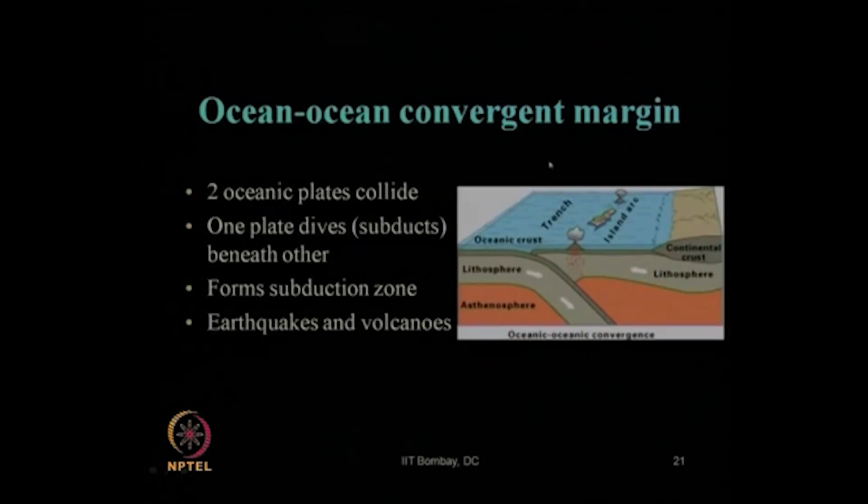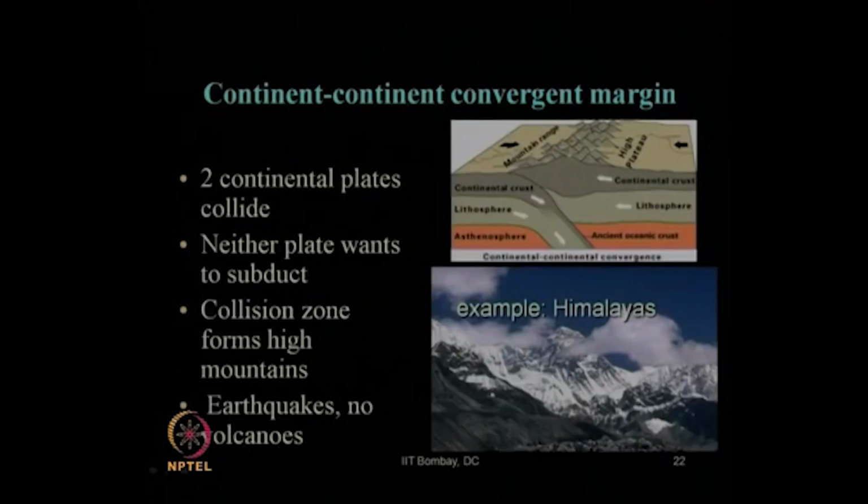For ocean-ocean convergent movement, two oceanic plates collide each other. In this case also earthquake and volcanic eruption take place and a subduction zone is formed, because one plate dives beneath the other one, that is, gets subducted. Whereas in continent-continent convergent plate movement, we have seen two continental plates collide each other, and neither of them tries to get subducted.